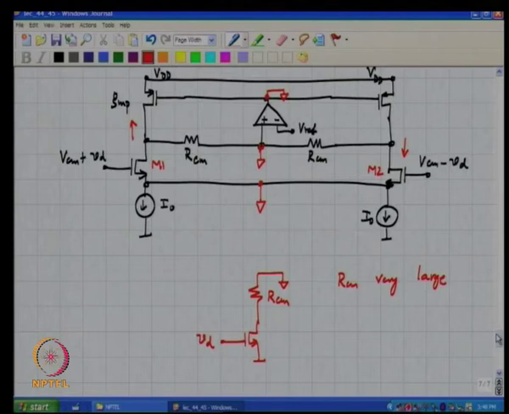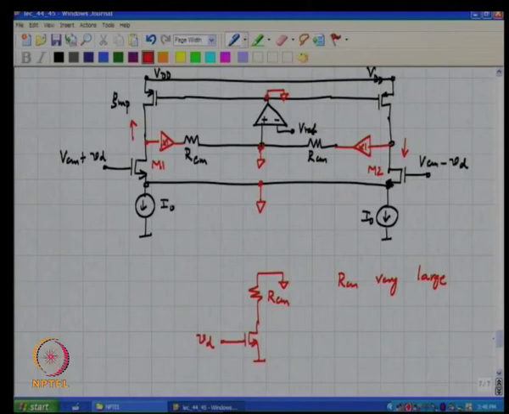One simple way of fixing this problem is to use buffers here, at least in principle. This is one way of making sure that the RCM resistors do not load the differential output, correct, because the currents through RCM are being supplied by those voltage controlled voltage sources.